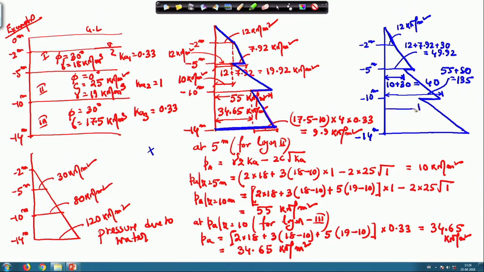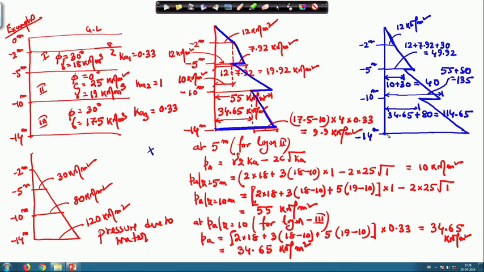So, this one will be 34.65, then plus 80, and that is 114.65.